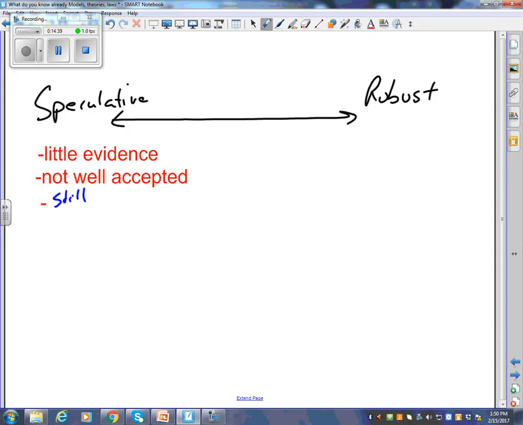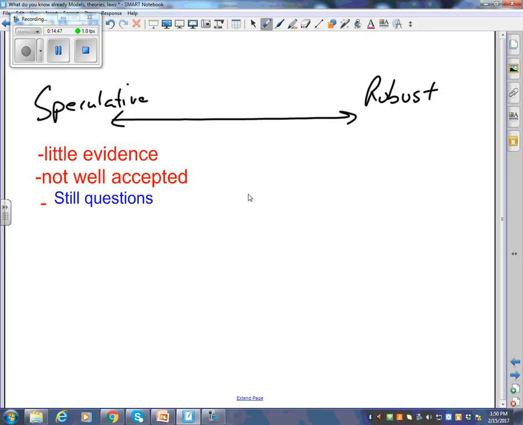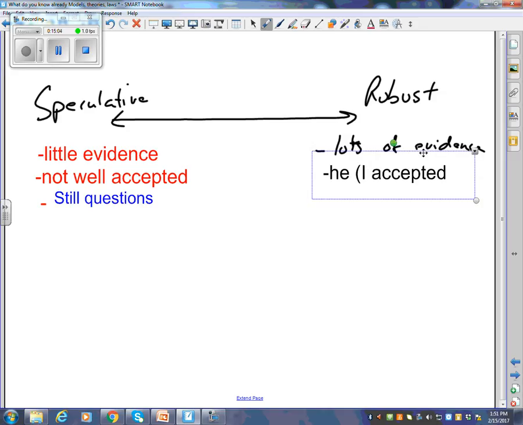Yeah, still questions. Still big questions. Right? Those are speculative theories. Robust theories have the exact opposite. Lots of evidence. Well accepted by people that know what they're talking about.